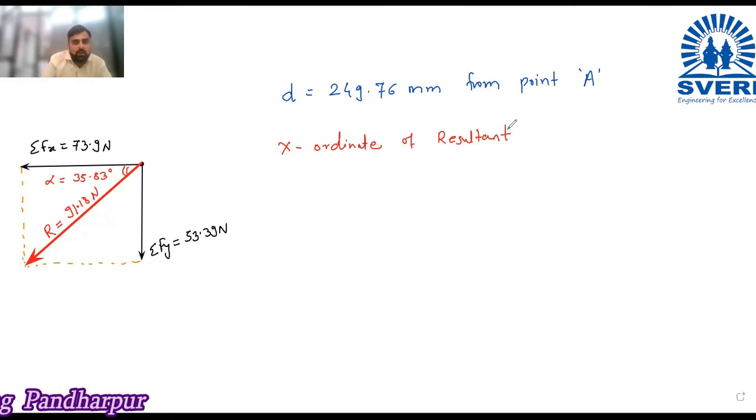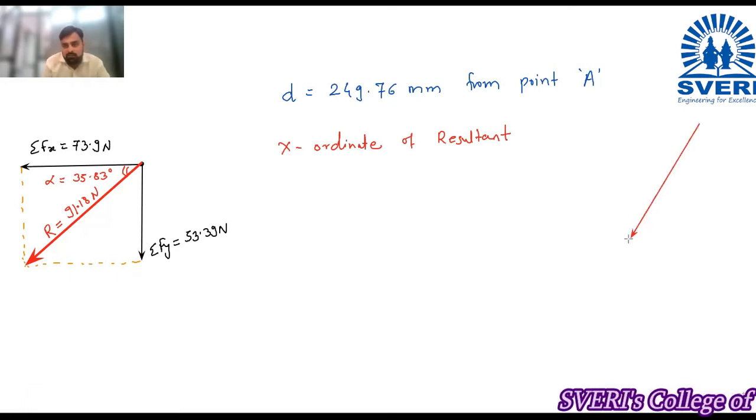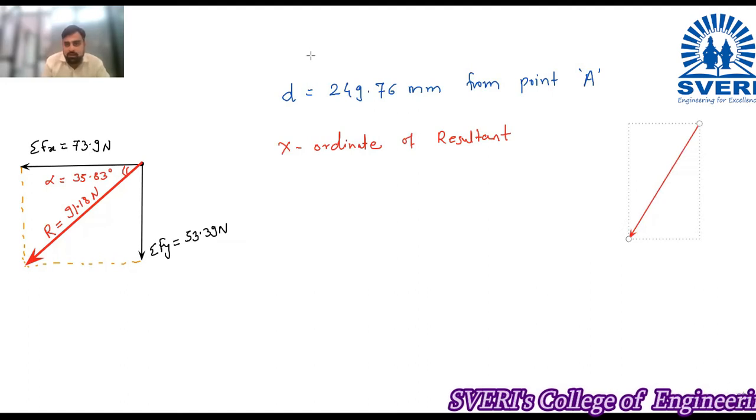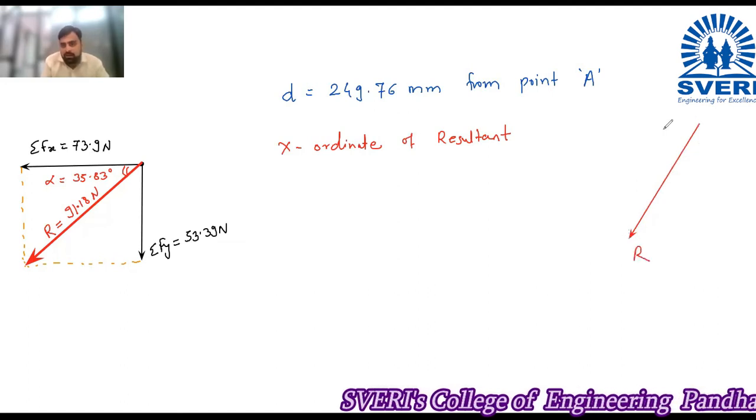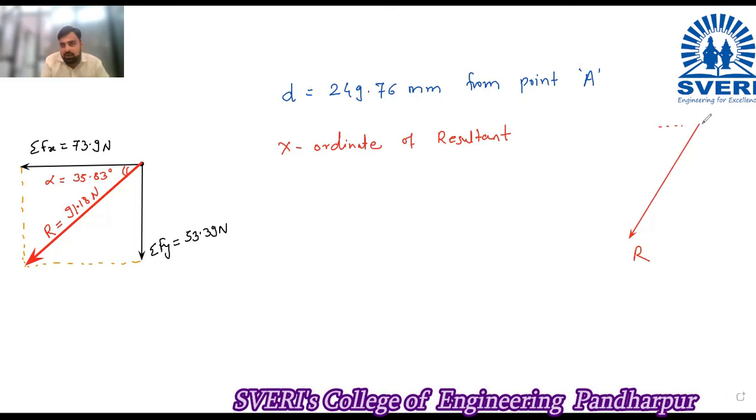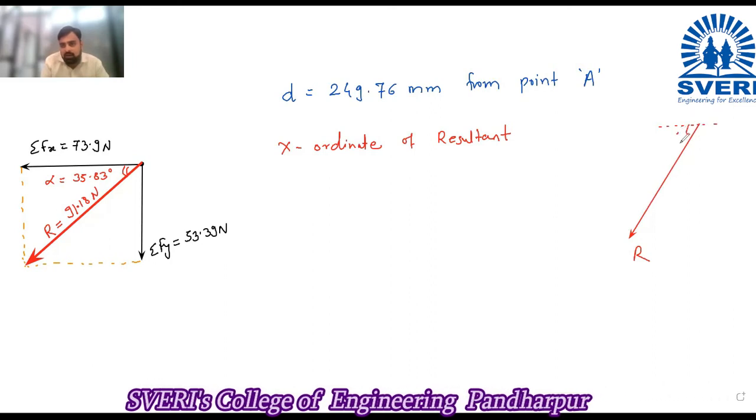So if I draw a rough diagram over here, for your understanding. Suppose this is our resultant. This is a rough diagram, not exact. This is our resultant, and this is the angle alpha with the horizontal.